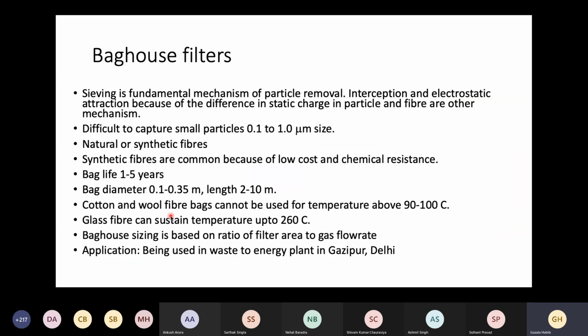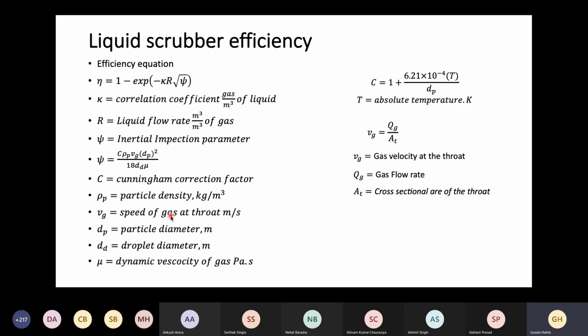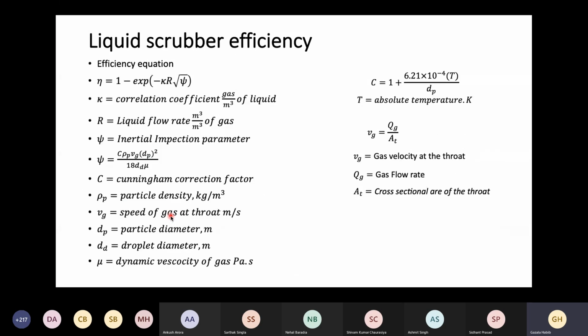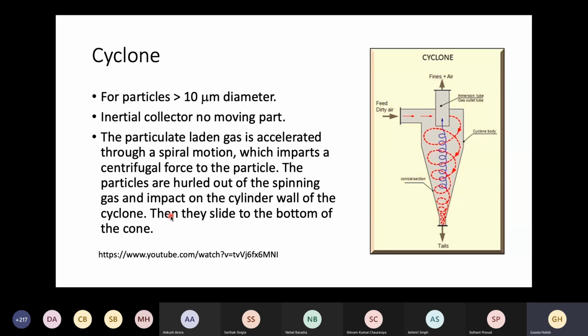So for filters, we have already learned about the baghouse filter and liquid scrubber. I think I explained the liquid scrubber also last time. The problem is that here we wanted to start the cyclone. So the cyclone is another device which is very robust and generally used where the flue gas is heavily loaded with dust particles, because it doesn't require any electricity.